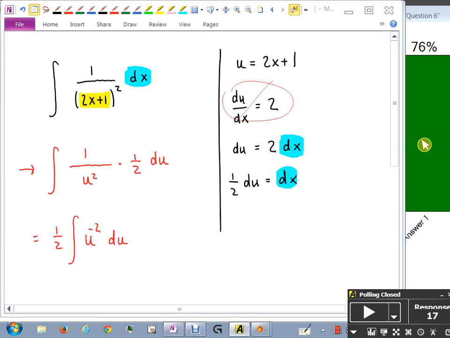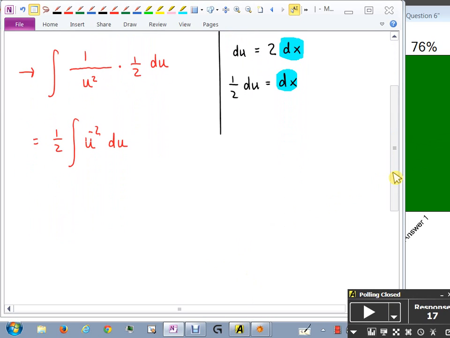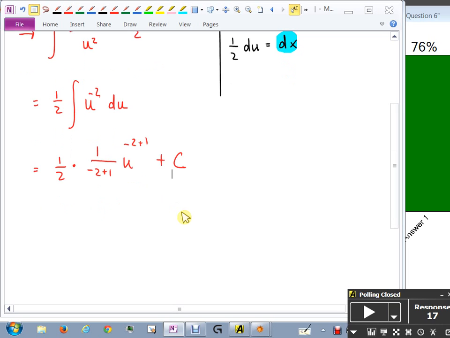All right, what's the antiderivative of u to the negative 2? So it'll be 1 over negative 2 plus 1 times u to the negative 2 plus 1 plus a constant. So this is negative 1, right? Right here.